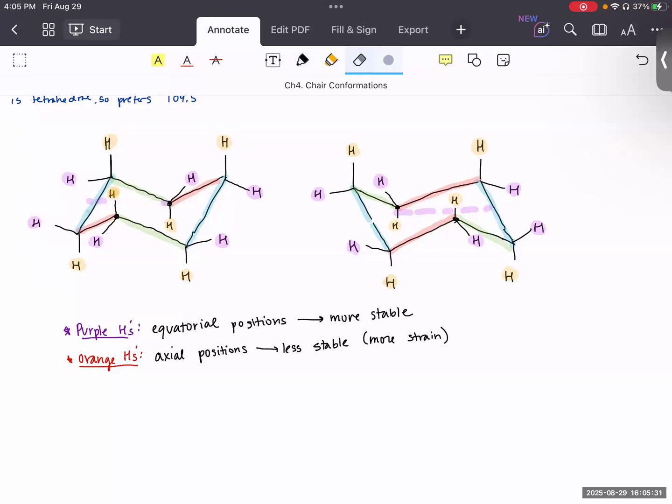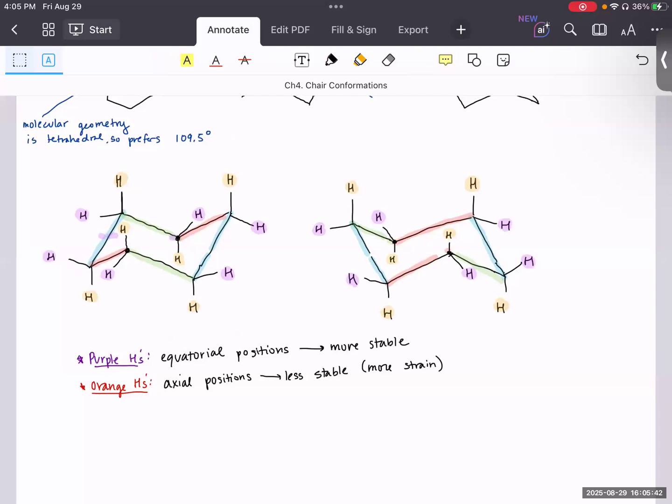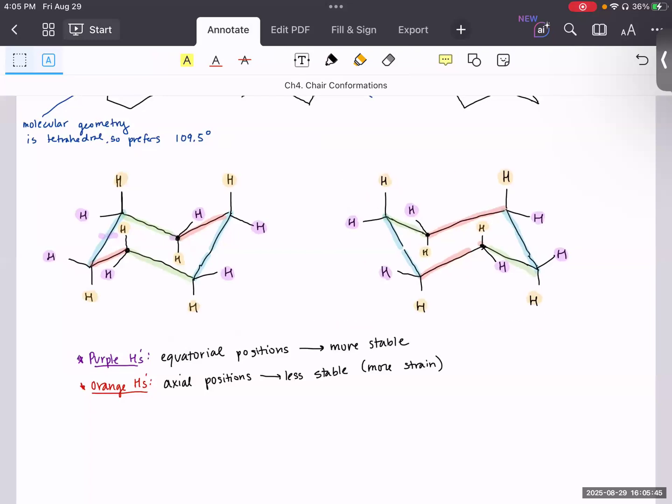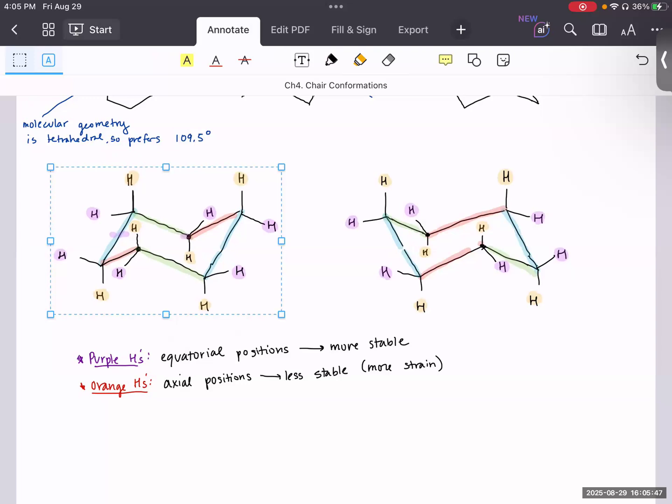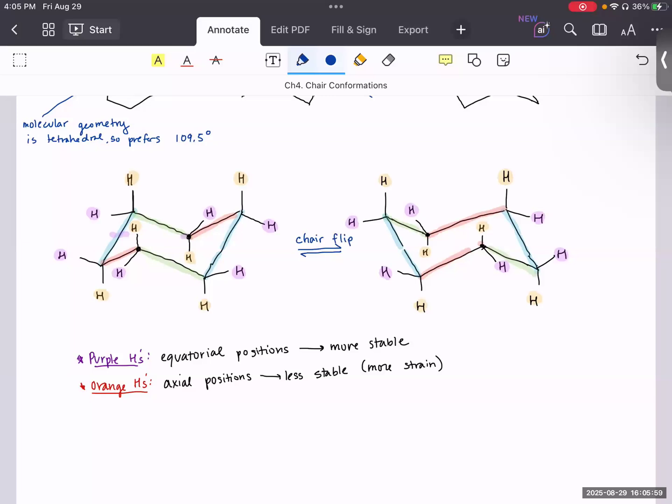All right, so from here, let's talk about the process of a chair flip. And so we can see that we have these two different structures here. And what a chair flip does is it interconverts between these two states. And so right now we only have hydrogens, and so it ends up being the same structure just because we don't have differences in groups.